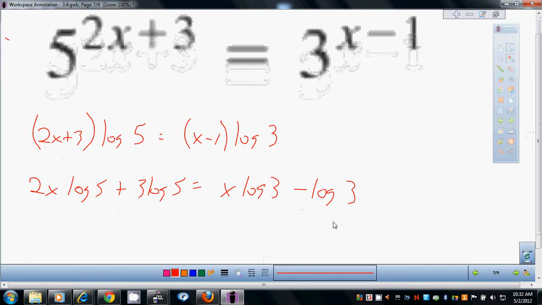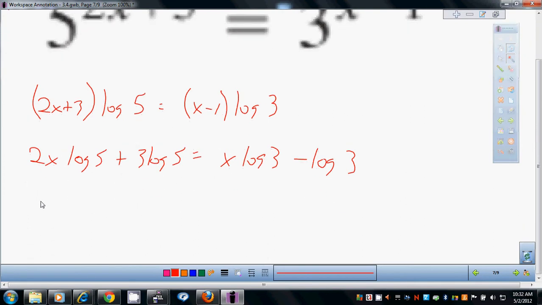Right. We're going to put the x's on the same side. So that's 2x log 5. Bring over the other one. Bring that one over. Now from here, you just factor out the x.